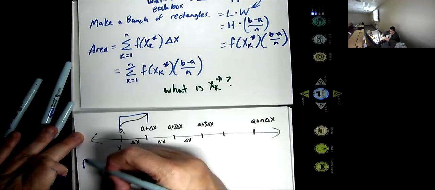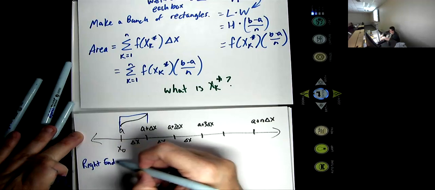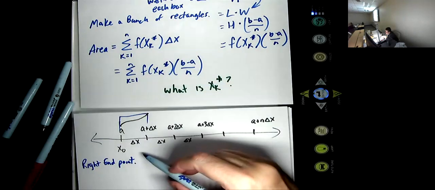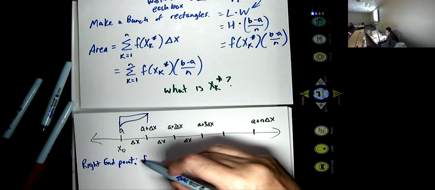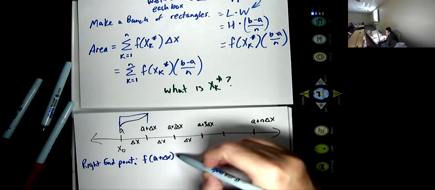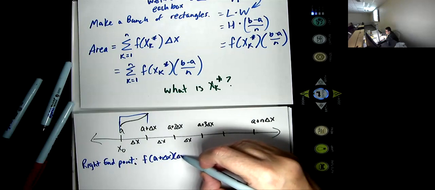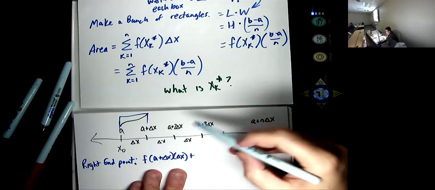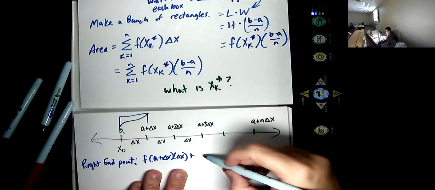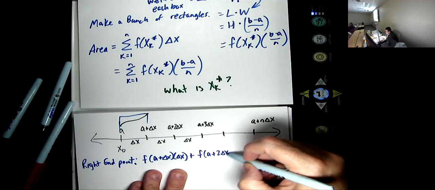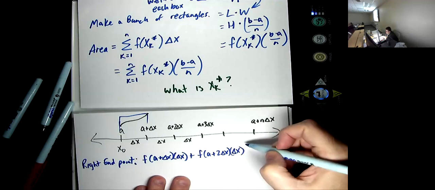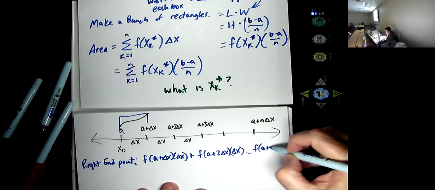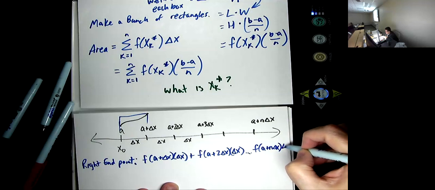So my first rectangle is f of a plus delta x times delta x, plus the next one, f of a plus 2 delta x times delta x, and we go all the way up to f of a plus n delta x times delta x.